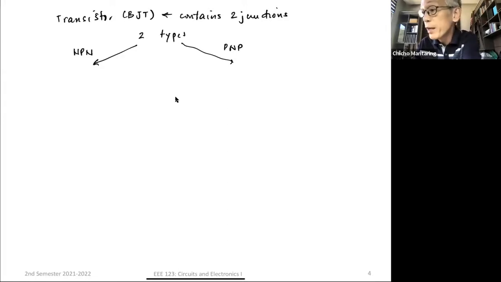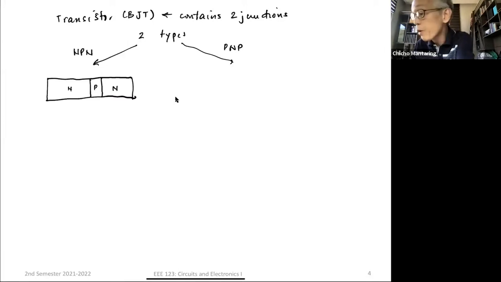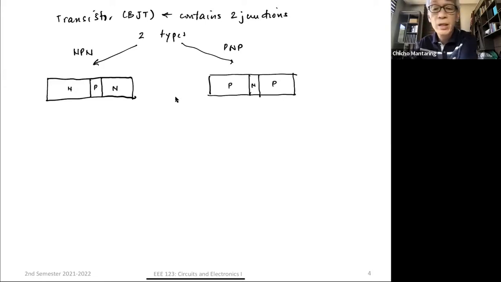So for an NPN, essentially you have a P type that is sandwiched between two N types. So this is N, this is P, and this is N. And for a PNP, of course, you can guess already, you have an N type that is sandwiched between two P types. So this is now a P, this is an N, and this is a P. And you attach terminals to each of these.